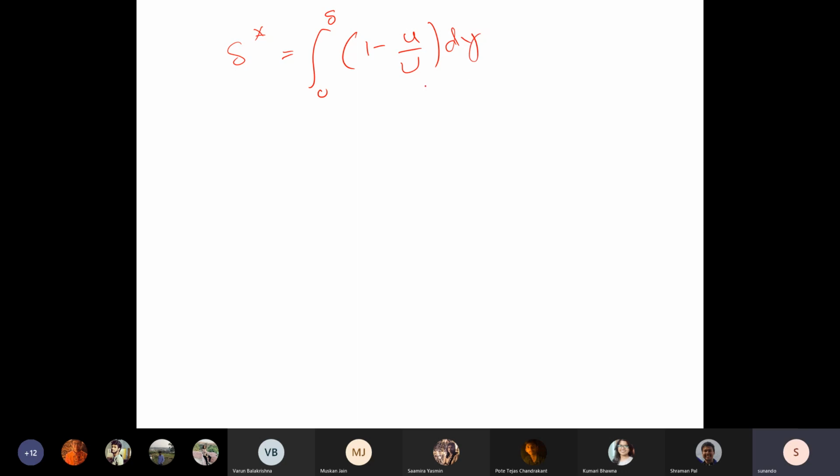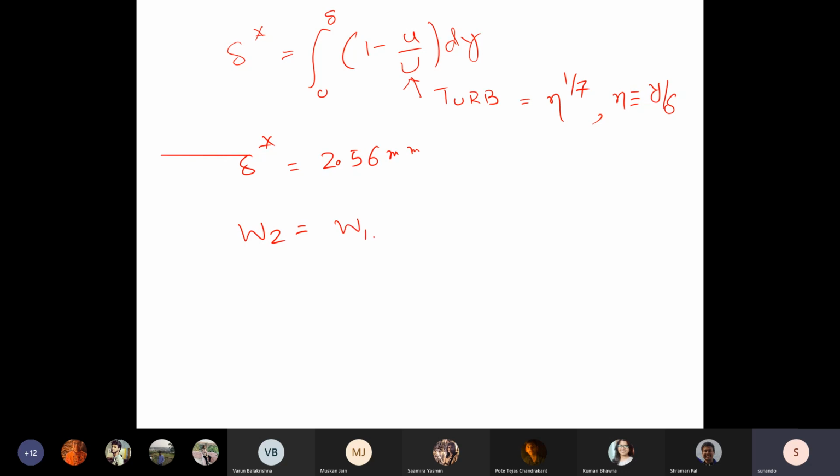And this u by U for turbulent flow, we are going to replace with the 1/7 power law, so it equals eta to the power 1 by 7, where eta is defined as y by delta. So you evaluate this, and delta star would be about 2.56 millimeters. Therefore the width that we have in here would simply be whatever be the width at the entry.